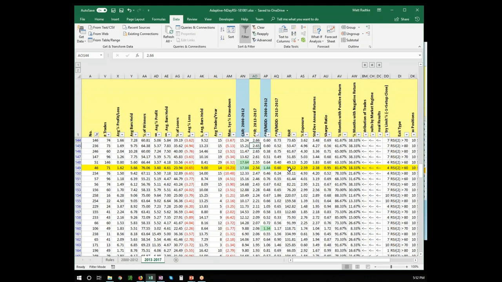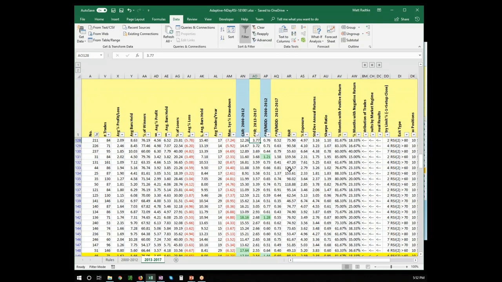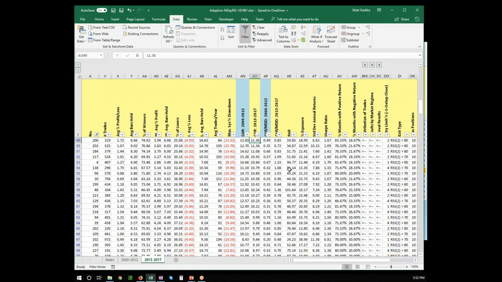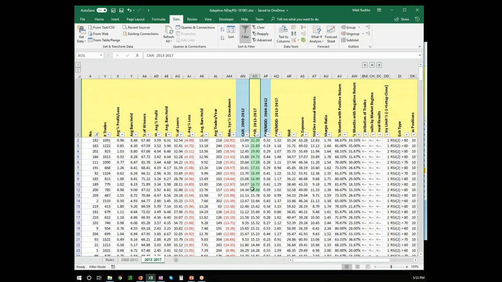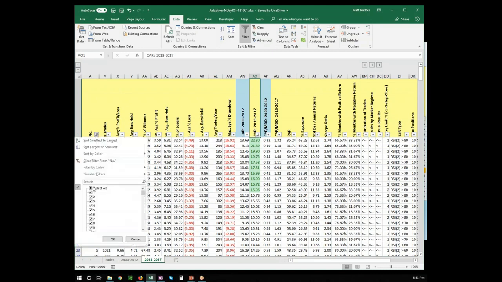So if we go back up to the top of our list, here are all of our best variations in 2013 to 2017. The million-dollar question is, how did our adaptive strategy do?